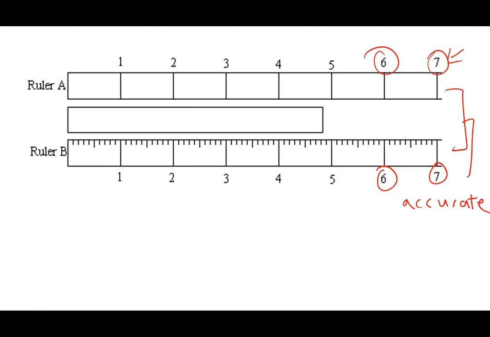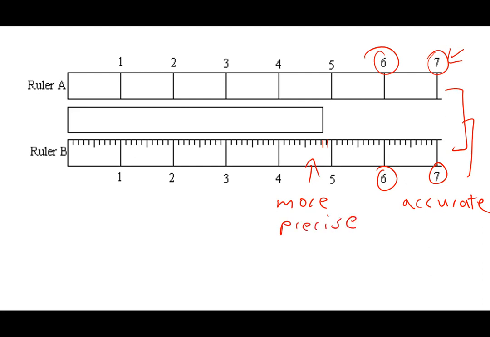However, we see that in between each centimeter here, we have more markings. And these markings allow us to get a more fine-grained measurement of how long something is. And because this ruler has more markings, this ruler is more precise.